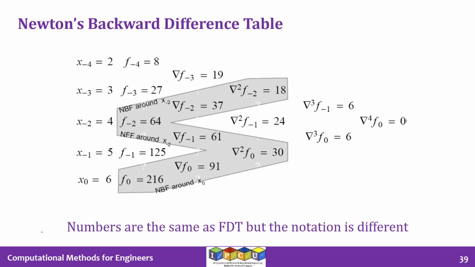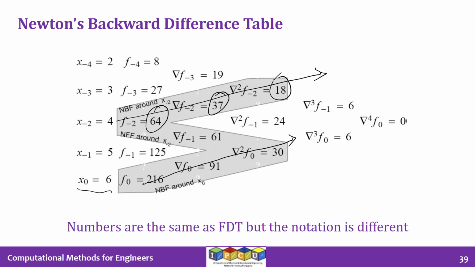And how we use this table is also quite interesting. If we want an interpolating polynomial based on Newton backward difference using x naught equal to 6 as the reference point, then we would proceed in this direction. If you want an interpolating polynomial using Newton backward differences about the point x minus 2, that means about x equal to 4, then you will go in this direction and pick out these numbers for use.